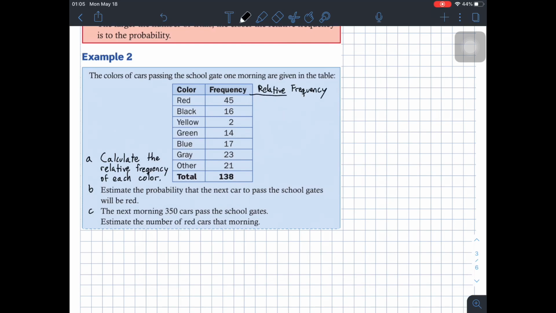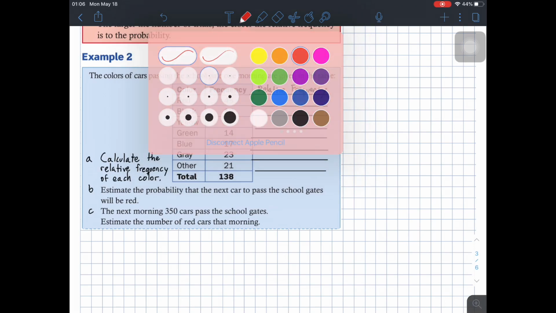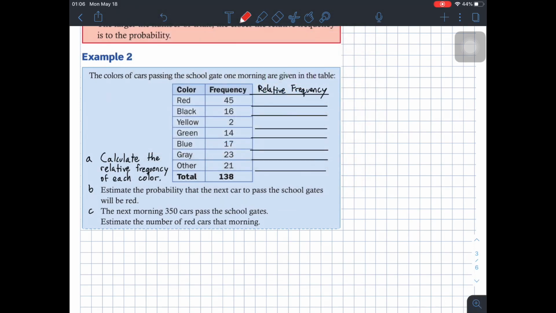The relative frequency is basically the division between the frequency of a specific color and the total number of observations in this case, okay? So if I quickly do this, the relative frequency is, in the first case, 45, this number, divided by the total number, right? So 45 divided by 138.